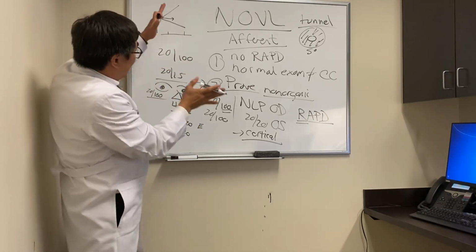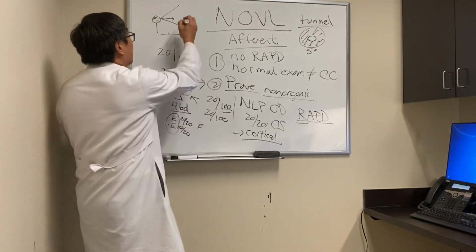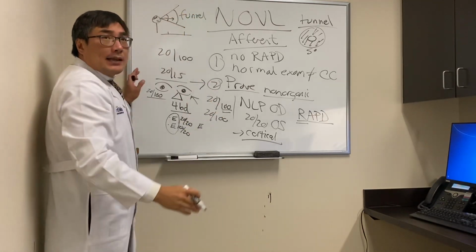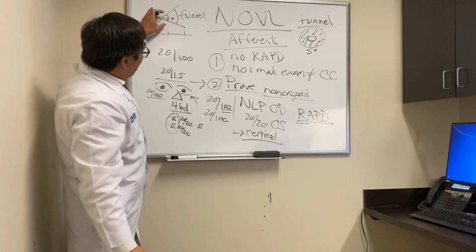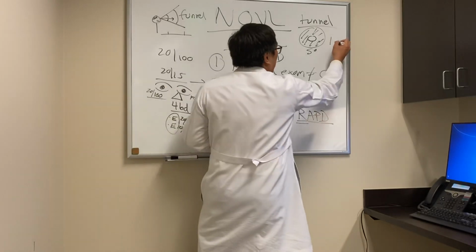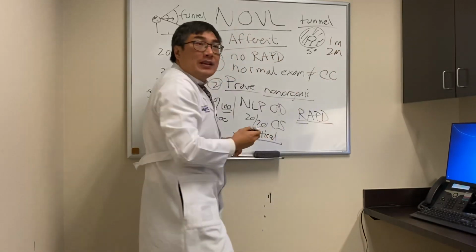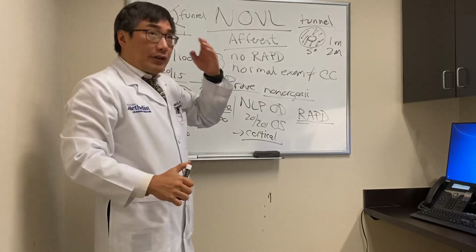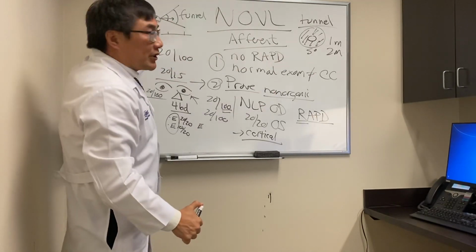So really the field is a funnel, because that angle subtended is the same. And so if someone has a 5-degree field at 1 meter, and we retest that person at 2 meters, and it's still a 5-degree field, then that is a non-organic tunnel field, because it really should expand and be a funnel field.